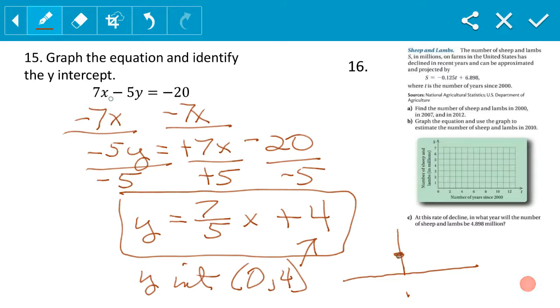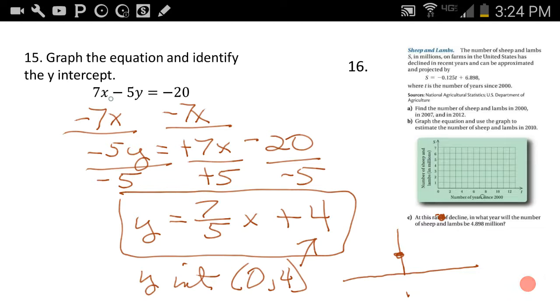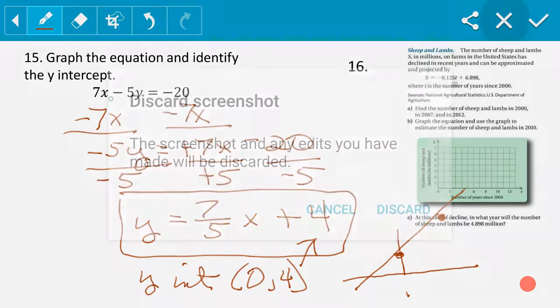And we're going to go up 7, let's see, 1, 2, 3, 4, 5, 6, 7, and over 5 to get our next point, and then draw the line between them. So that's how you graph the equation and identify the y-intercept.